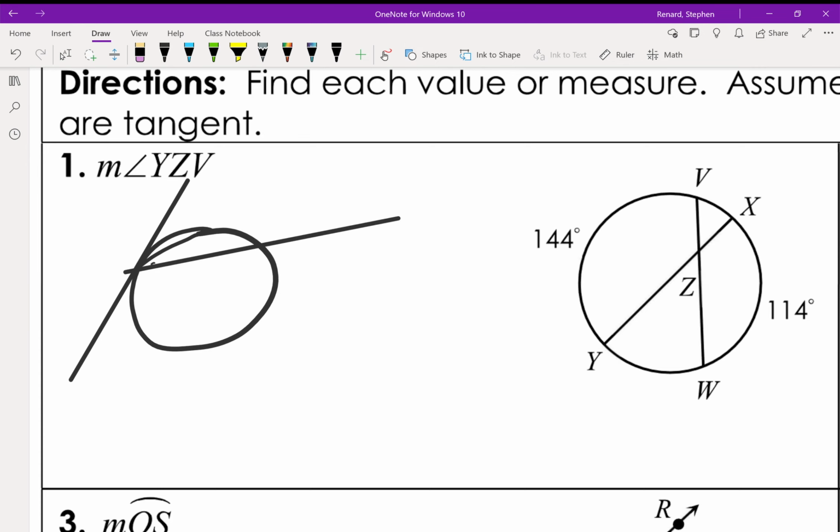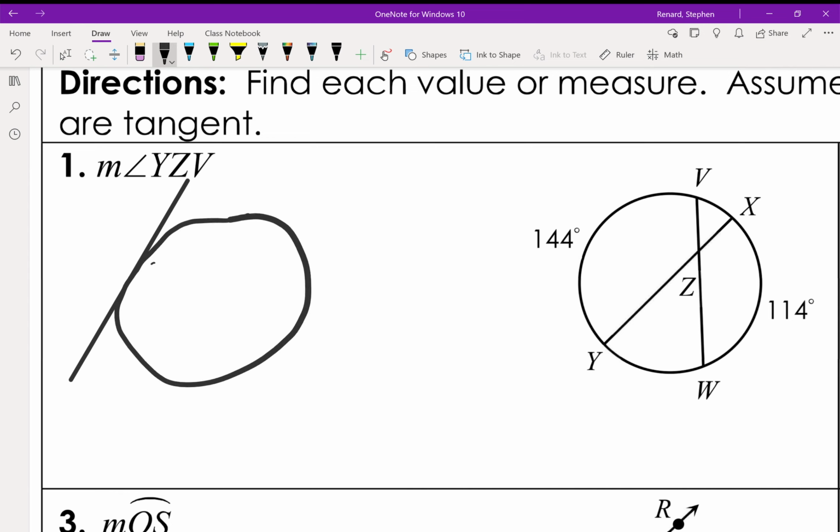If we have a secant intersecting to where it occurs on the circle, then this arc right here in relation to this angle right here, we'll call this angle 1 and this angle 2.